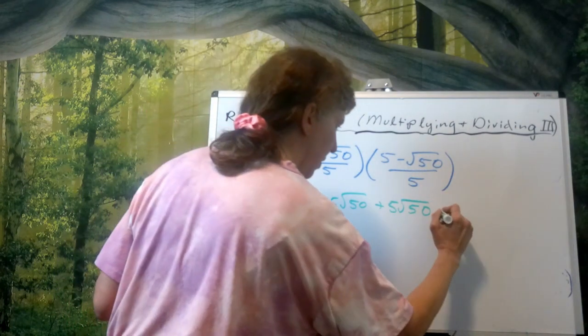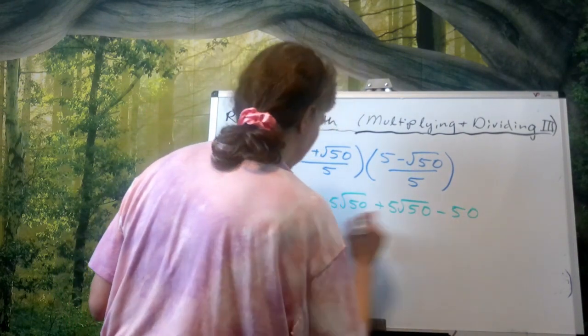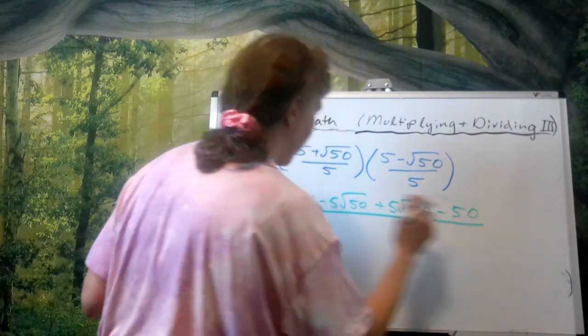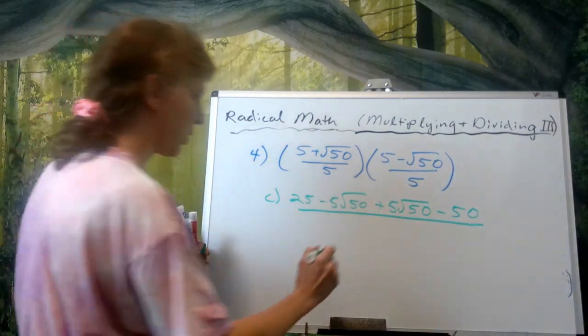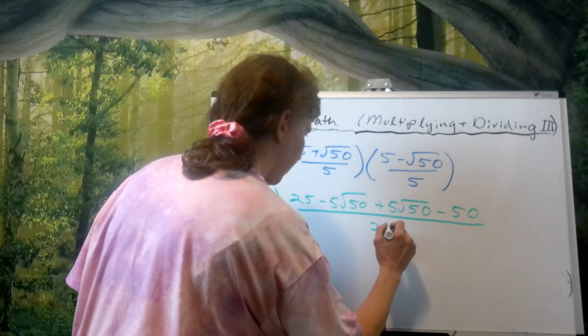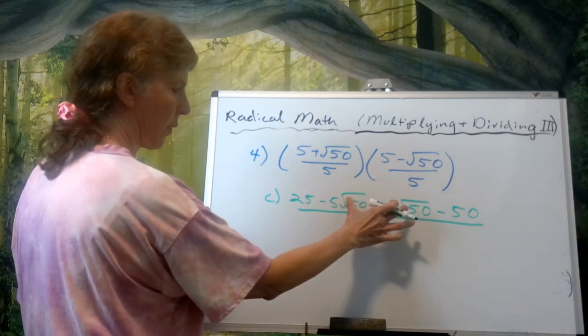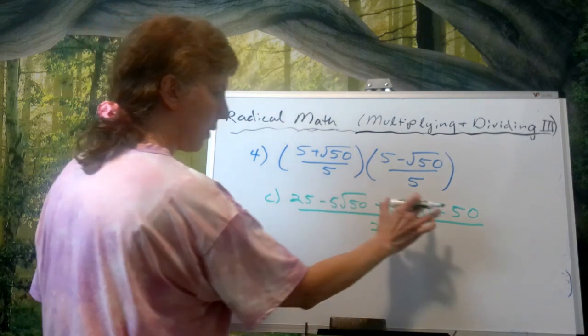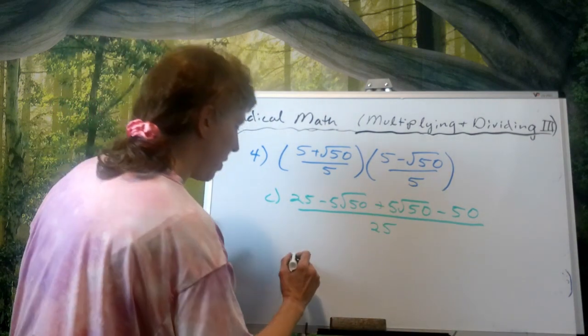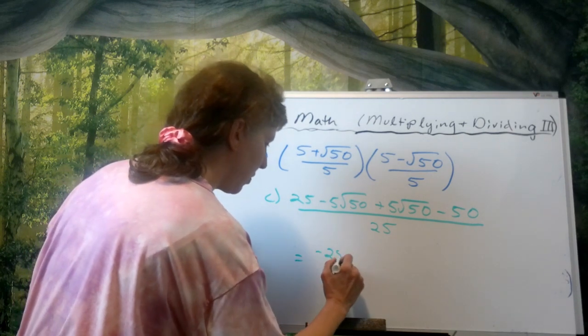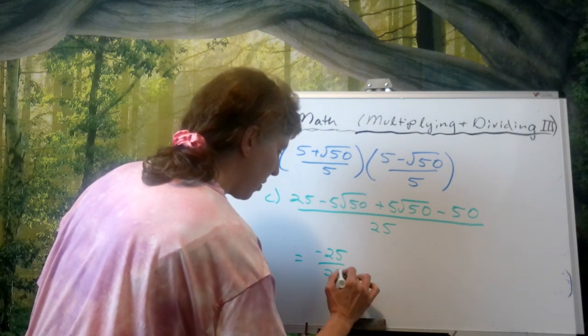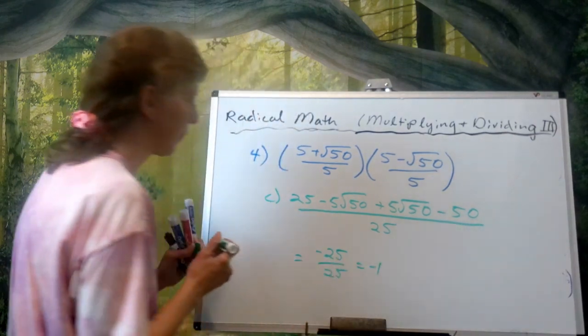And minus 50. My denominator is just 5 times 5, which is 25. So these add to 0, and 25 minus 50 is negative 25 over 25, which is negative 1.